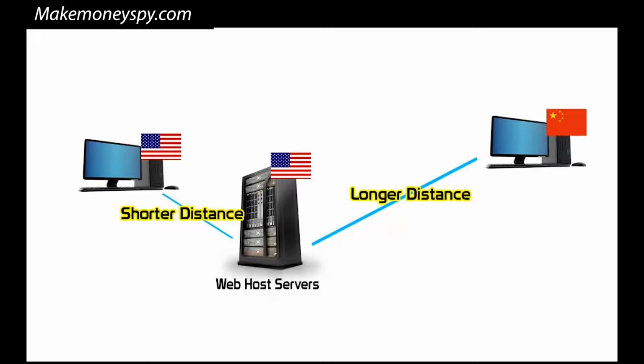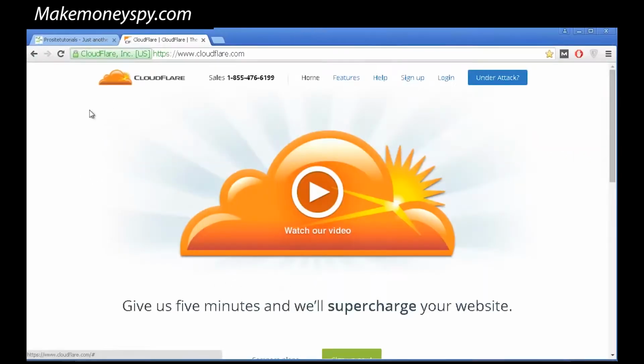So something that you can do is use this service called Cloudflare, and basically what happens is your website gets copied to their servers, and their servers are spread all over the world. So if someone is trying to access your website from China, then they will access the nearby server that they have, probably in Asia, and they will be able to see your website faster on their computer or mobile screen.